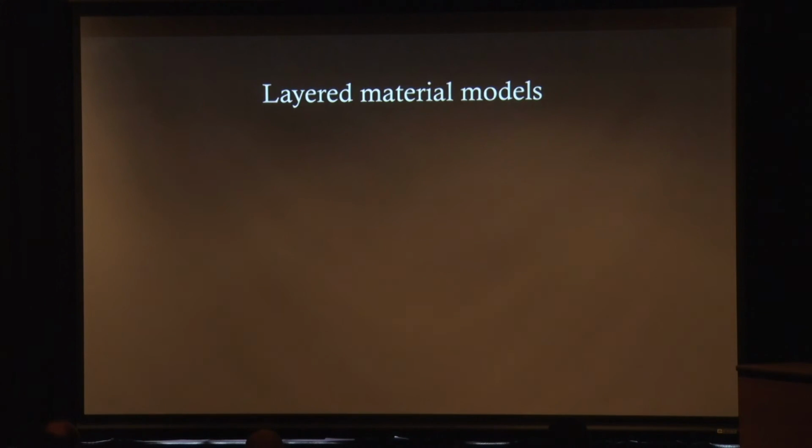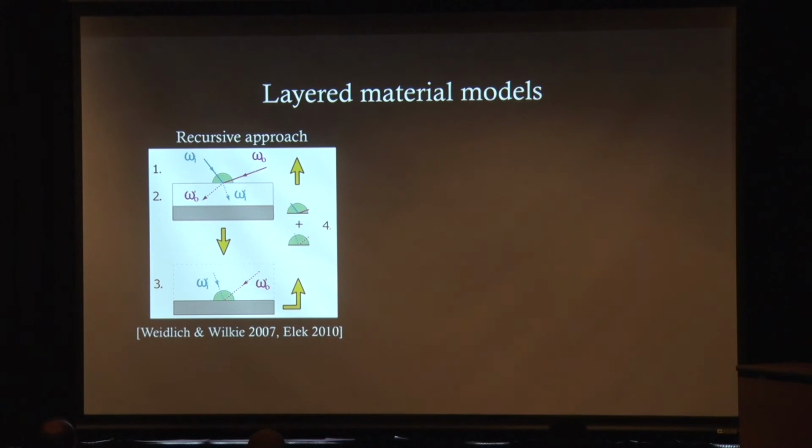So we turned our attention to layered material models. A first kind of model is based on a recursive approach and was pioneered by Weidlich and Wilkie. The idea is you take the two directions of the BSDF, the incoming and outgoing directions. In the first step, you evaluate the reflectance of the first interface. Then you refract the two rays in the second step.